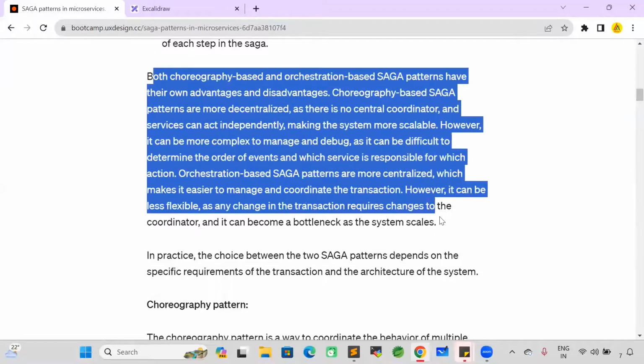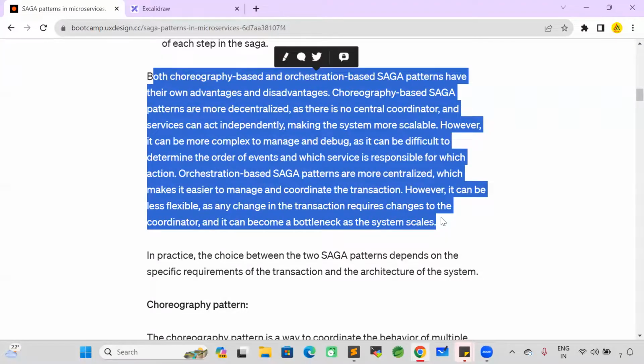So both choreography and orchestrator have their own advantages and disadvantages. Are you guys clear with my point?